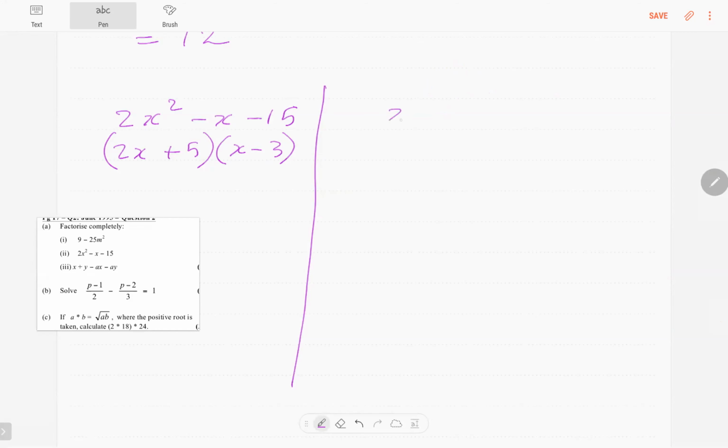So I have 2x squared minus x minus 15. Because I want to get an x squared, I'm going to factorize the 2 out of the 3 terms. I factorize it out of the 3 terms, and I get x squared minus half x minus 15 over 2.